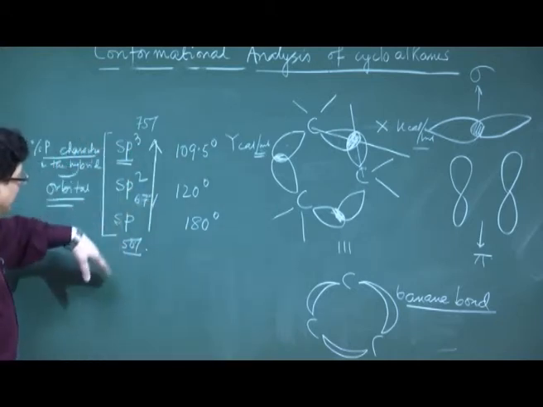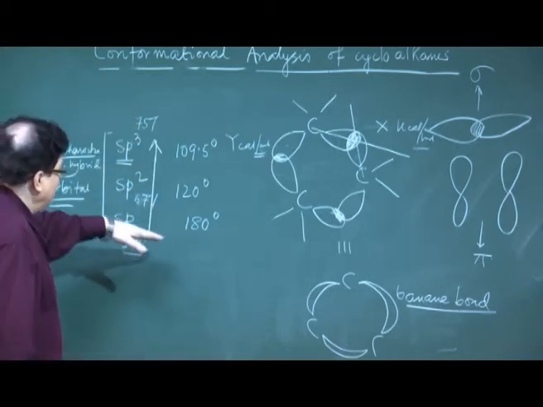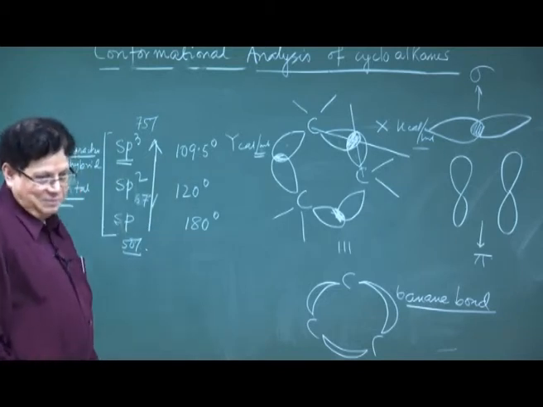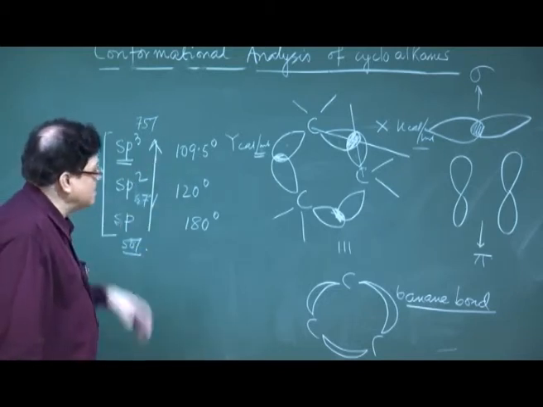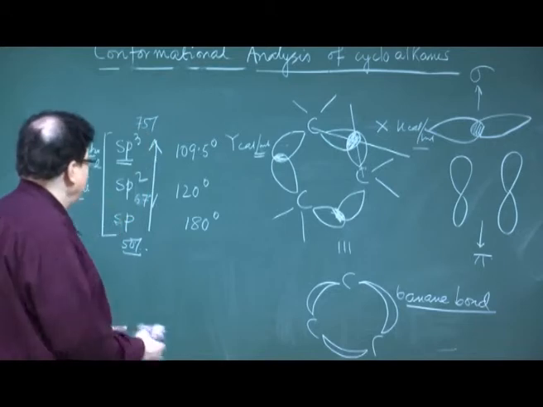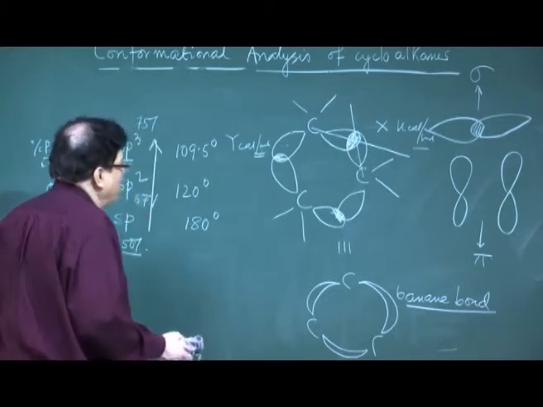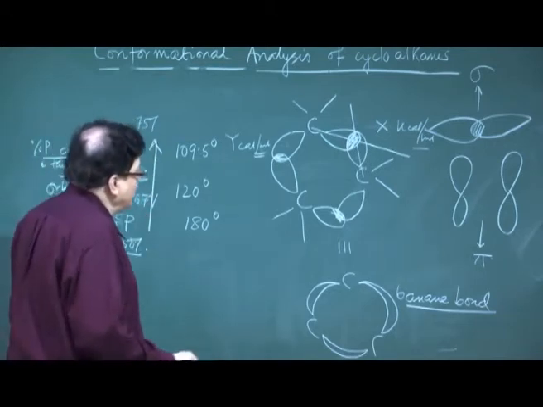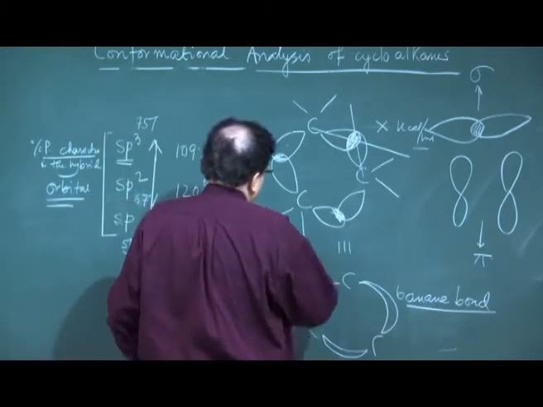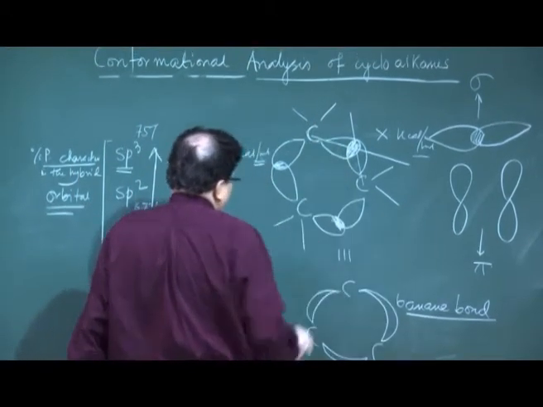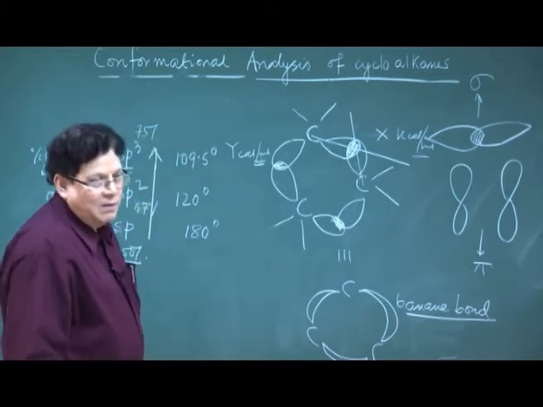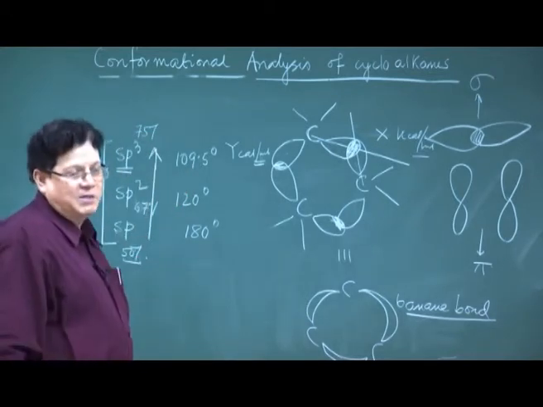So, as the p character increases, the bond angle decreases. With this presumption, now the modern day theory is that this carbon is no longer perfectly sp3 hybridized.